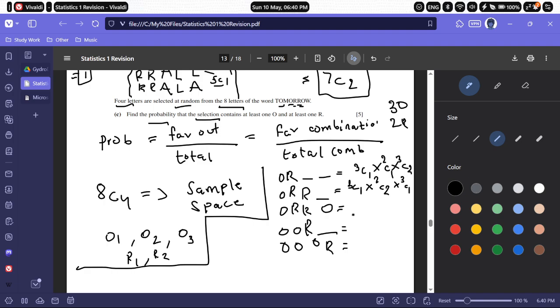Over here, you would do 3C2 into 2C2. And then over here, you do 3C2 into 2C1 into 3C1. And then here it would just be 3C3 into 2C1, right? So now you just add up all of the cases to get your final answer.